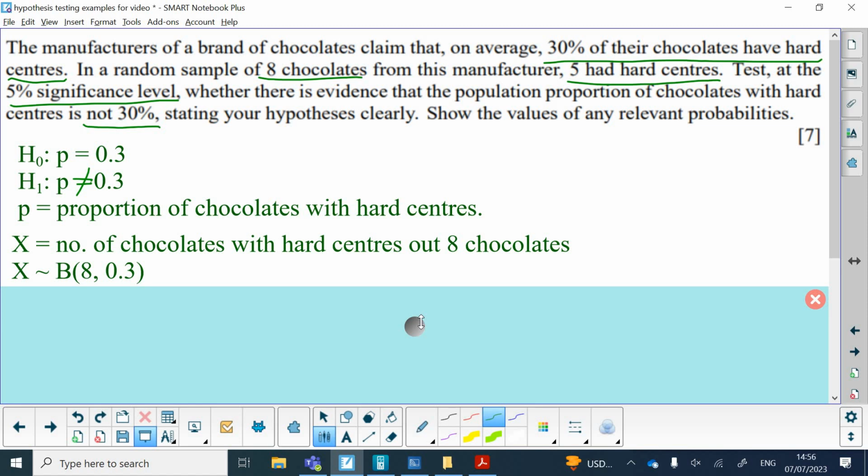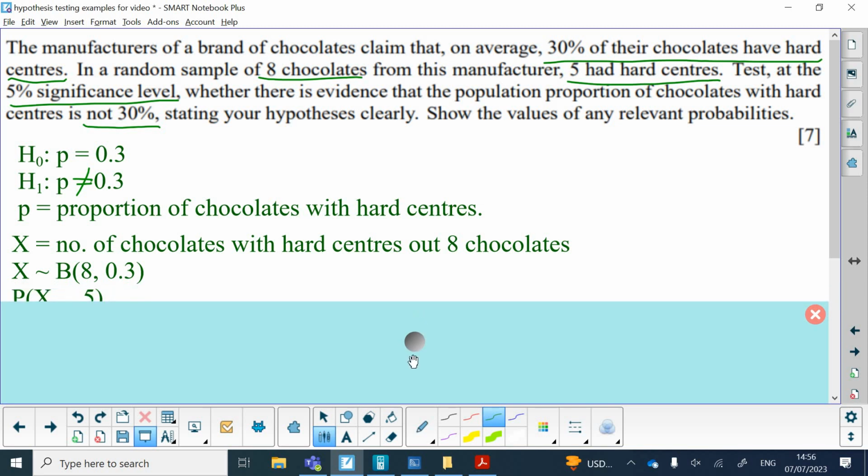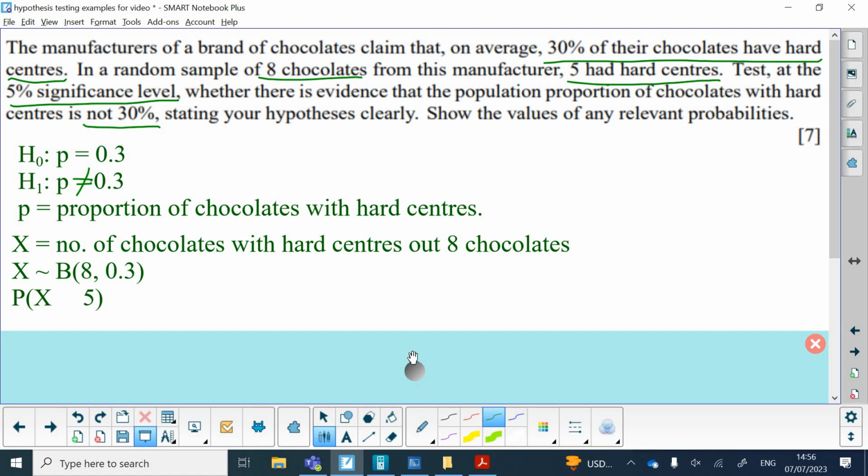So we want to find out how unusual our 5 hard centres out of the 8 is. What's the probability of getting something at least as extreme as 5 hard centres? Usually we'd be finding a probability by copying the alternative hypothesis direction and adding an equals.